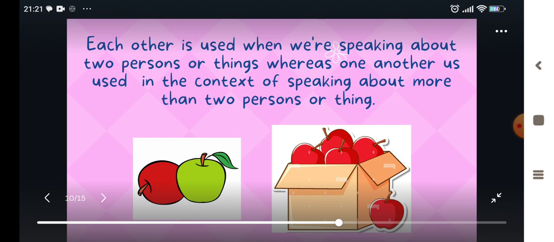If we look at the screen and we look at two apples, in this case we can use each other, but in the box are many apples, so we can use one another.